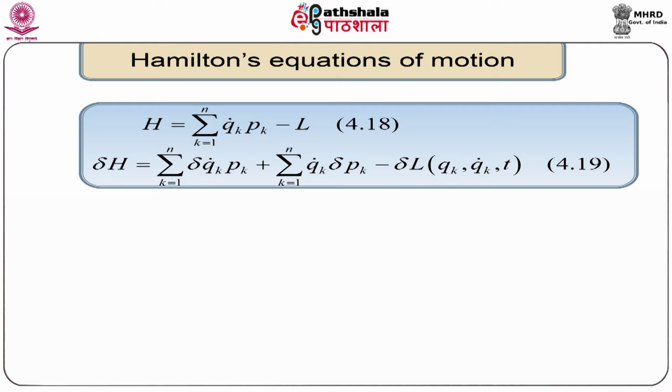There are 4 variations: delta H, delta qk dot, delta pk and delta L in equation 4.19.